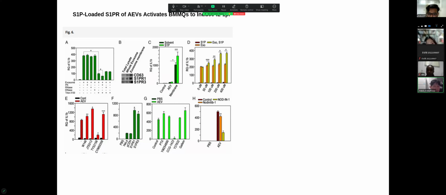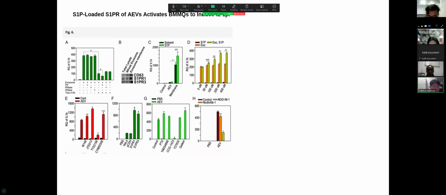data showing the sphingosine 1 phosphate receptors S1PR1 and especially 3 are highly expressed on the exosome. Everybody knows these days we are using sphingosine 1-phosphate receptor 3 as a cell death associated exosome EV marker, right?